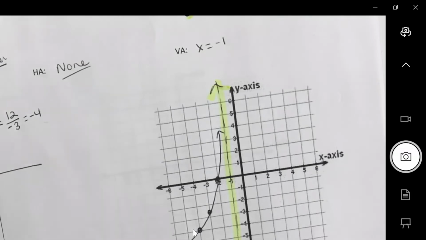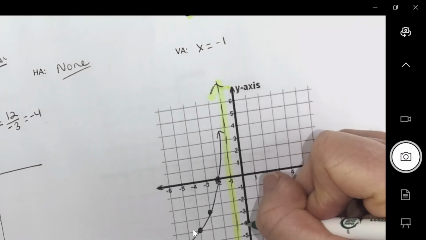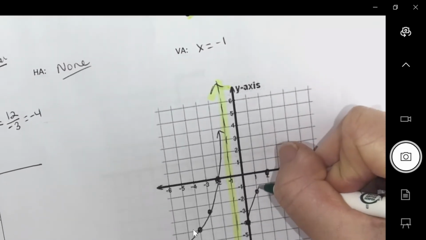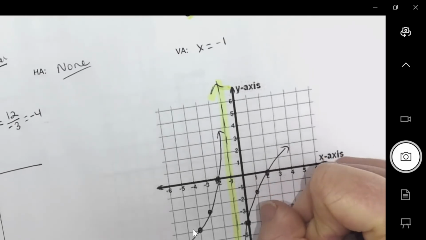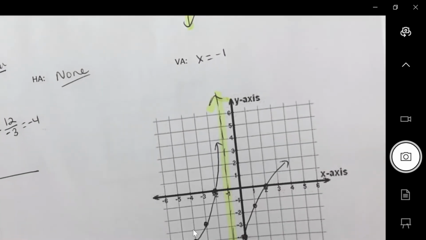So just going up and down. Oh, I did it. Good job. Great. Okay, and again, there's no restriction in our range part of it. Okay, one more.